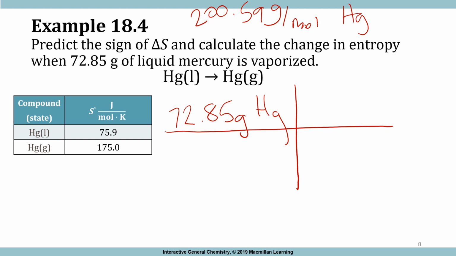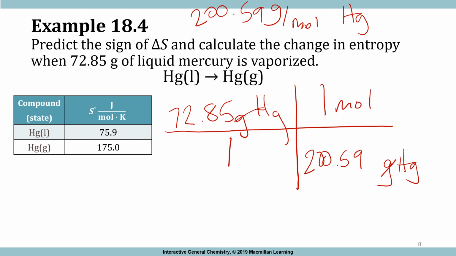If I'm looking for moles, I need to cancel out the grams. So where is that 200 going to go? If I want to cancel grams, then I'm going to have the grams on the bottom, because something divided by itself is just going to be itself. So there's not going to be any units there. So I'm going to put the 200.59 on the bottom, and I'm going to have 1 mole on top.